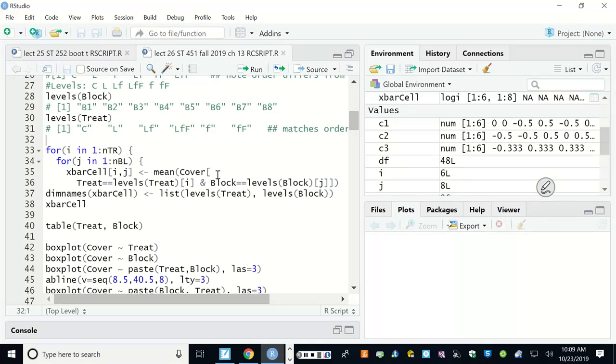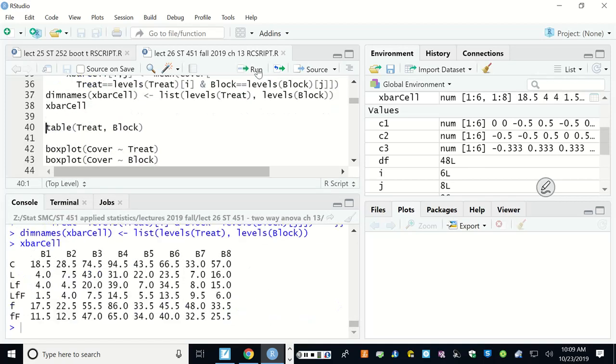I'm going to put labels on this. A matrix like this, you can put dimension names, or dimnames, on there, and it's a list: row names, column names. And I'm going to use the same levels that went into here. Once I do that, this thing runs very fast. And then dimnames in the X bar cell gives me my averages across all of those. And they should be sorted correctly.